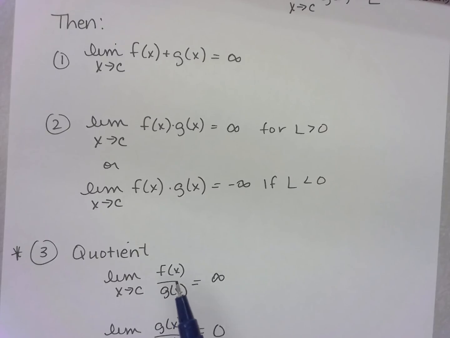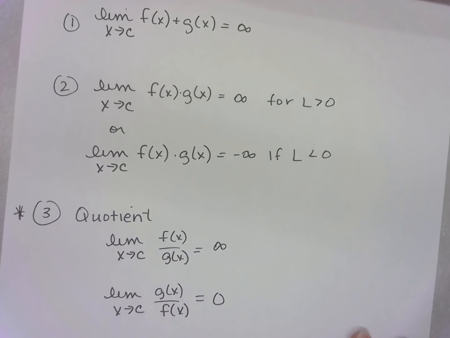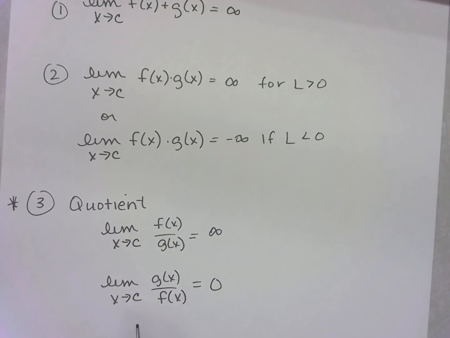So if I take infinity and divide it by a constant, that's still infinity. It's a little bit smaller, but it's still a giant number, because we think of infinity as this really, really large thing.